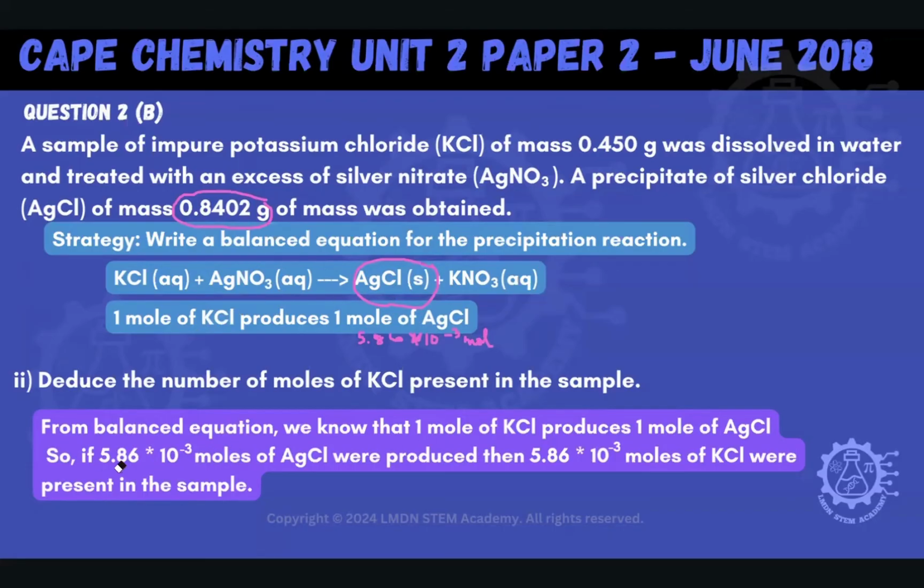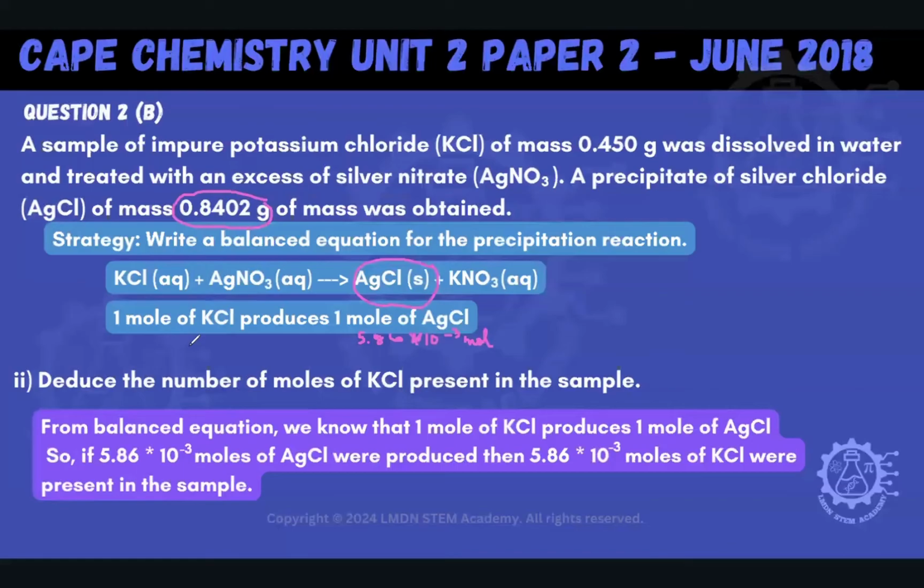So if 5.86 times 10 to the minus 3 moles of silver chloride were produced, then that means that 5.86 times 10 to the minus 3 moles of KCl were present, right? It's a 1-to-1. So if I made this much AgCl, I must have had that exact same amount of KCl, because the KCl is where this came from, okay?